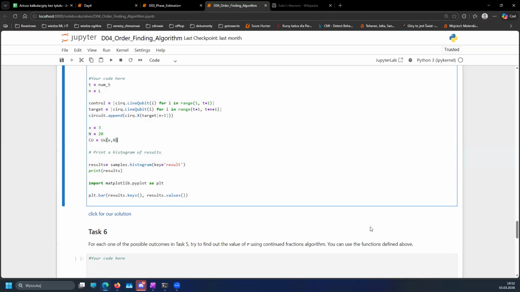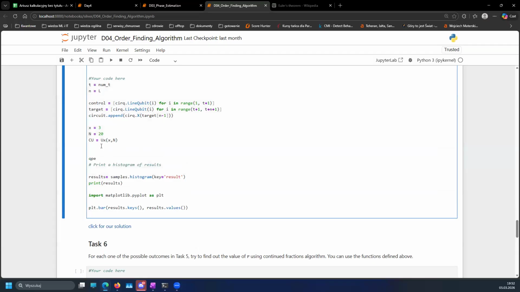Okay. So now let's call the phase estimation circuit that we already have. So it will be the control circuit and CU. And like we discussed already at the beginning of the lecture, this is QPE.